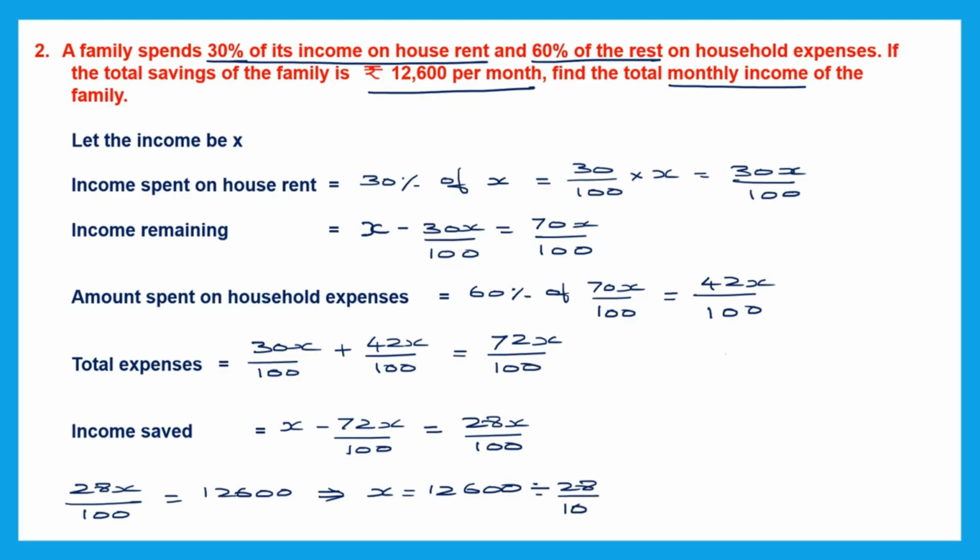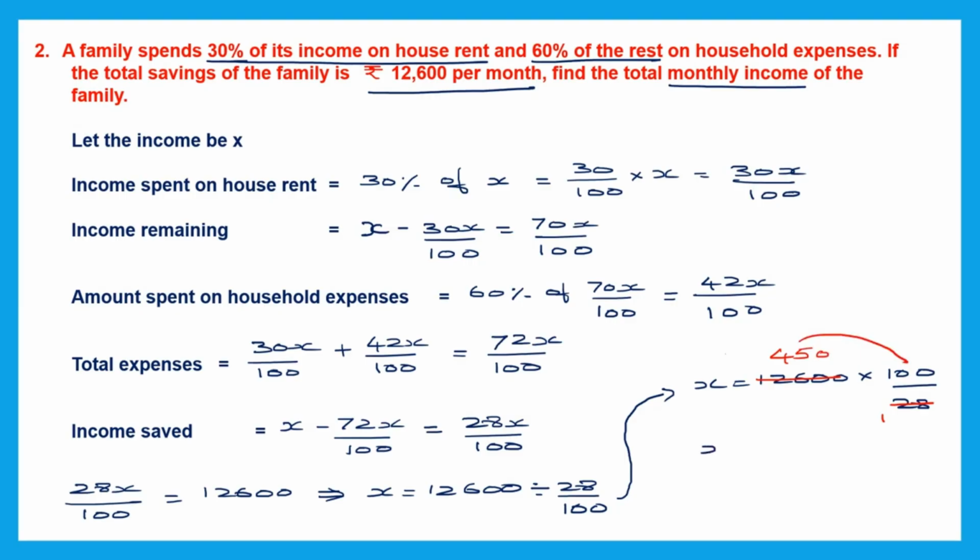So let's simplify this further. I'll carry this up here. Let's simplify it. x is equal to 12,600 into 100 by 28. Now you can cancel 28 and 100 or 28 and 12,600. When you finally cancel, you will get this as 1 and you will get this as 450. Now you can multiply these two.